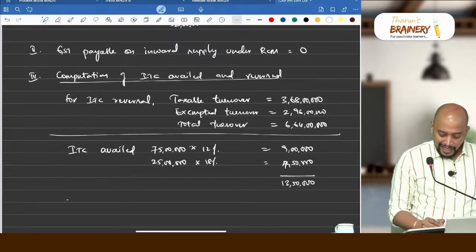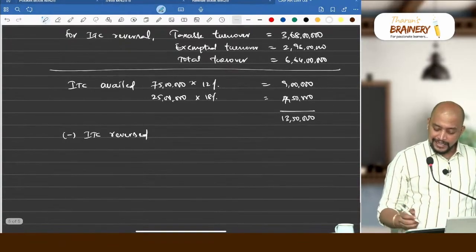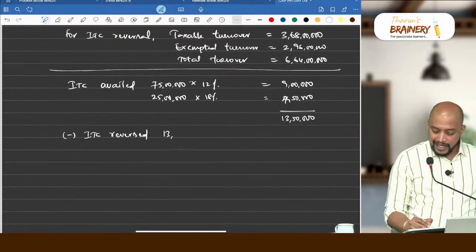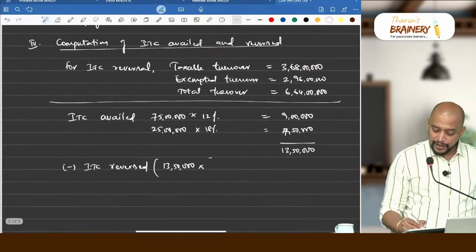Minus ITC reversed. What is the ITC reversed? 13 lakh 50,000 into, because everything is common, exempted by total. What is exempted? 296 divided by 664.